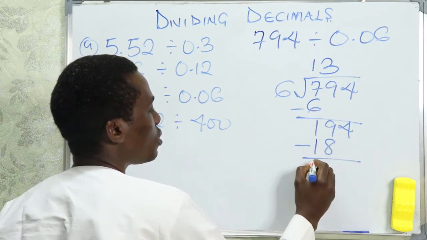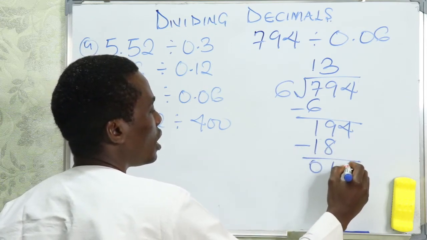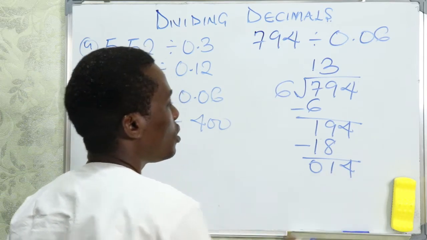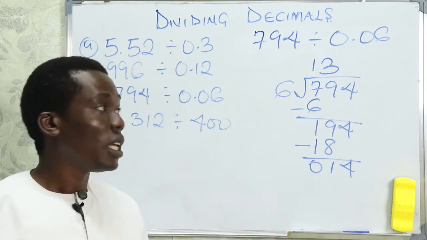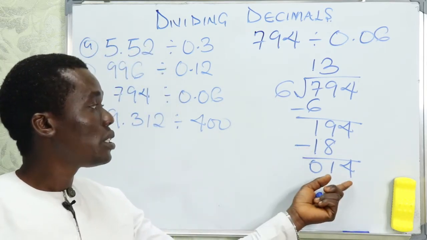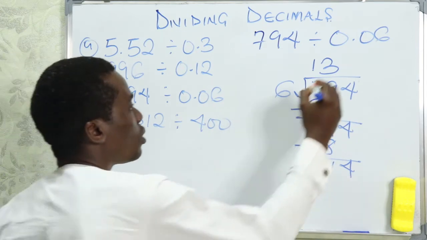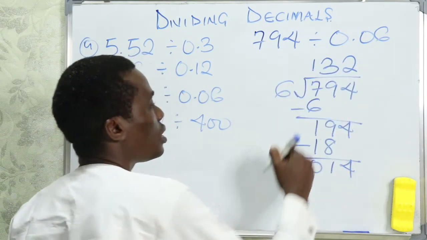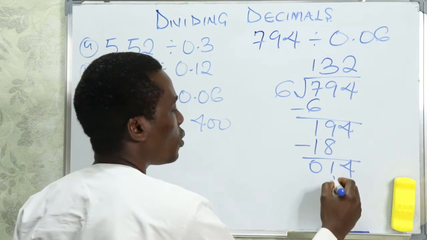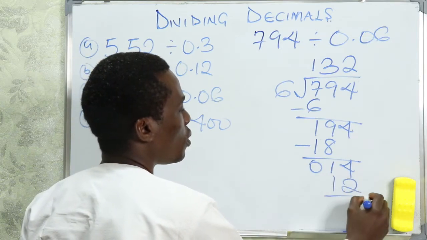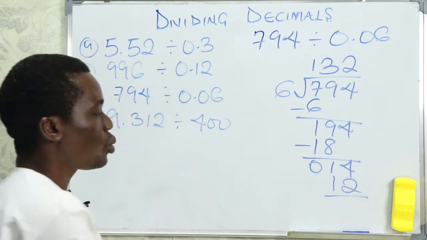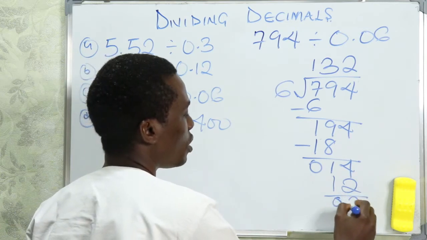Right? You subtract, this will give you 0, this will give you 1, and this will give you what? This will give you 4, 14. Now 14 divided by 6 will give you what? 12. 6 times 2 will give you 12. So we'll have what? 2. Right? The remainder will be 2. This will give you 0, and this will give you what?